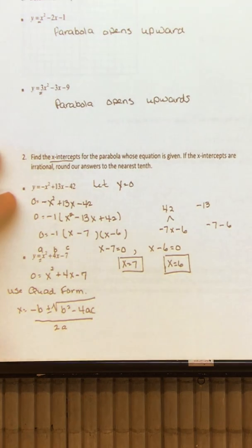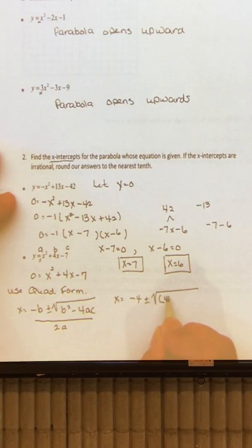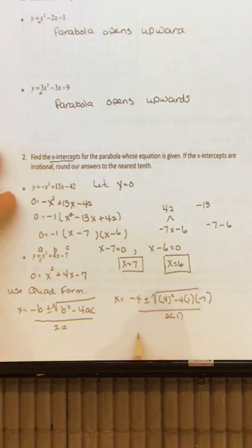So let's substitute those numbers into our formula and solve for x. So x is equal to negative b, which is negative 4, plus or minus the square root of b squared minus 4 times a times c, all divided by 2 times a. So we have negative 4 plus or minus, inside that square root is 44, divided by 2. The square root of 44 is equal to 6.63.